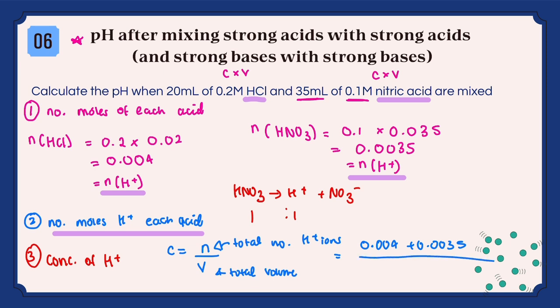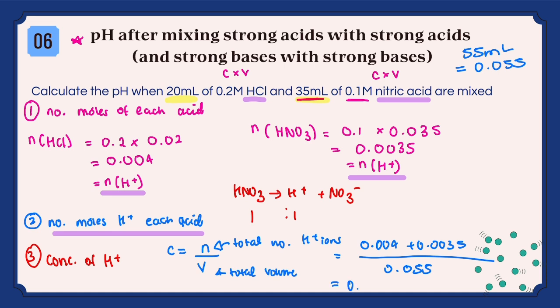And we're going to divide that by the total volume. Our total volume is 20 milliliters plus 35 milliliters, so our total volume is 55 milliliters, which is 0.055 liters. Then you're just going to put this into your calculator to work out the concentration.